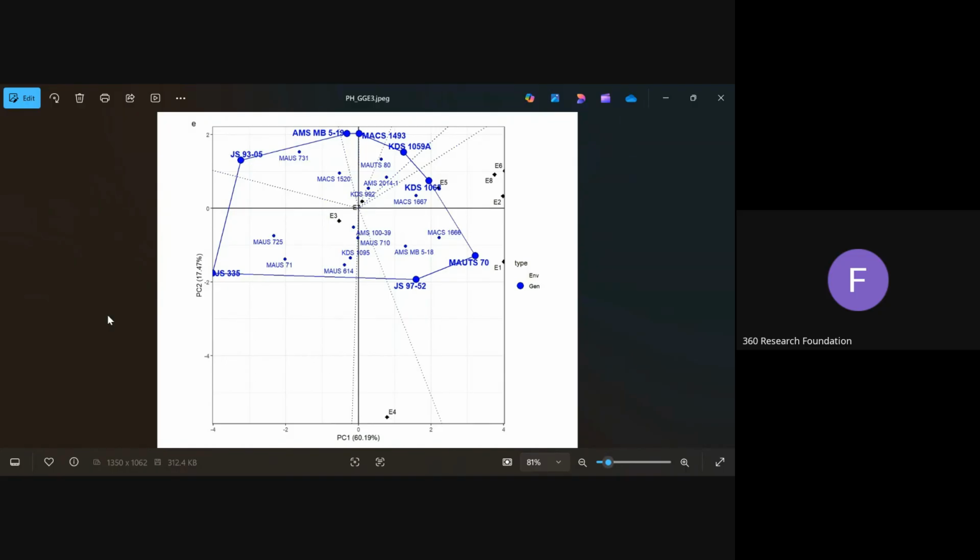Am I correct? Yes, sir. So what I am telling is, whatever genotypes are on the verge of this polygon are more responsive, and they contribute strongly to the gene-by-environment interaction. That's why they are at the corner.